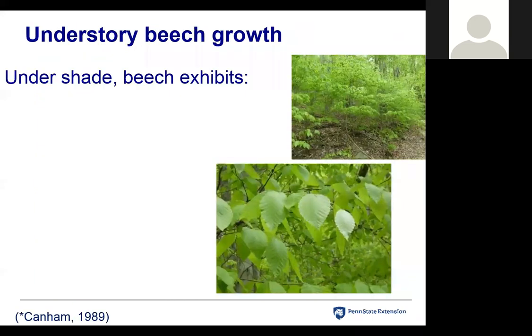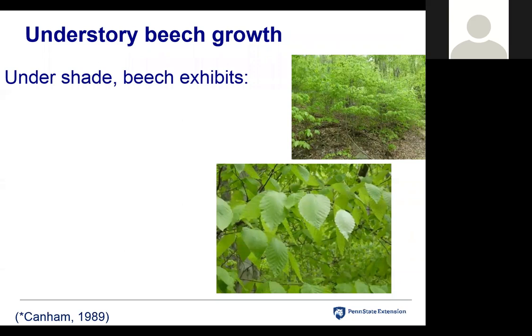So what makes understory beech problematic is that we all know it's very shade tolerant, and of all the shade tolerant species in our northern hardwoods, it usually grows the best in those shaded conditions, and sometimes even in partially shaded conditions too. We're most concerned a lot of times about competition with sugar maple, which is also shade tolerant.